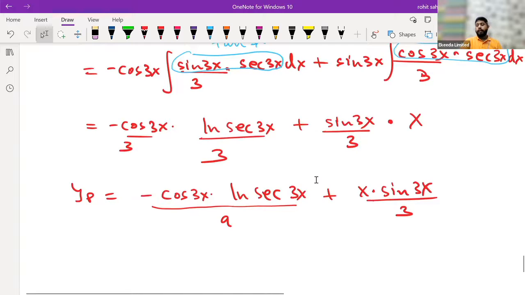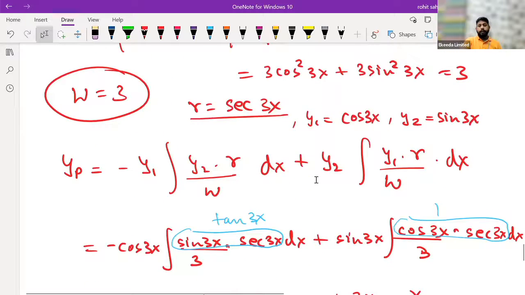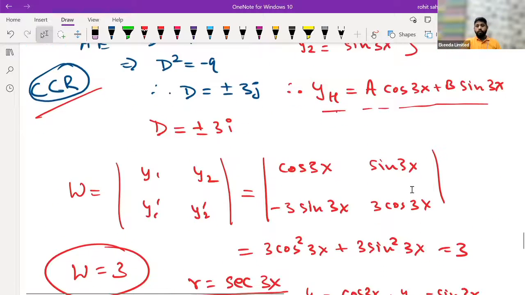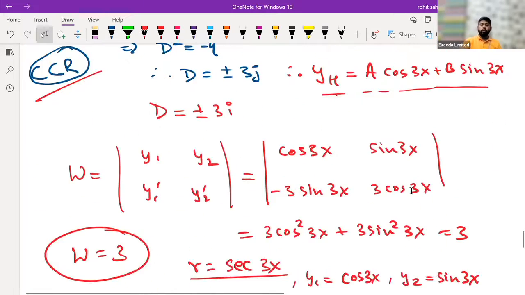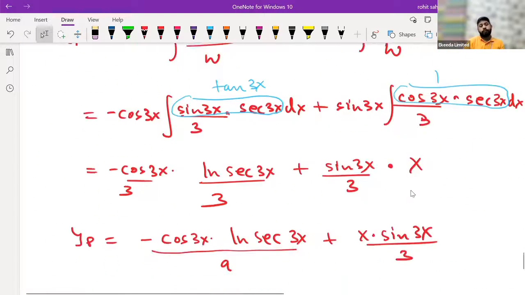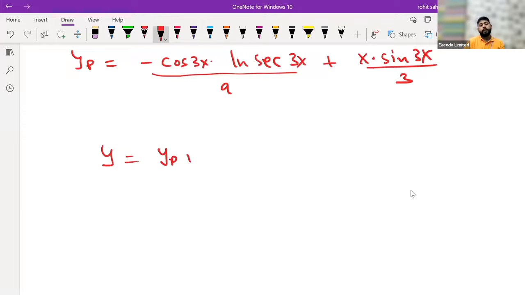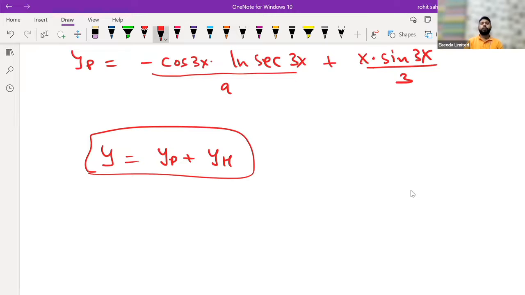If you have got this expression and you have also written YH here, a cos 3x plus b sin 3x, then overall your complete solution y should be yp, which is the particular part, and y homogeneous. Now write both of these together and that is your solution.